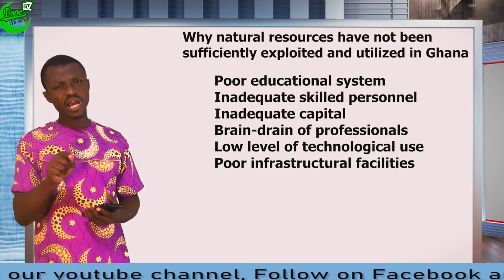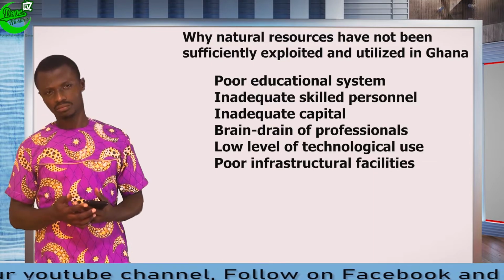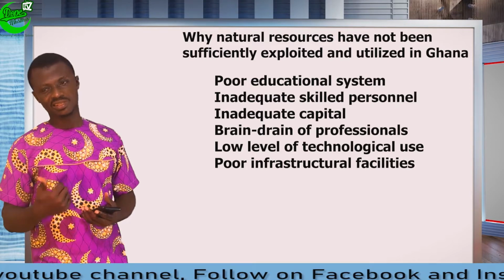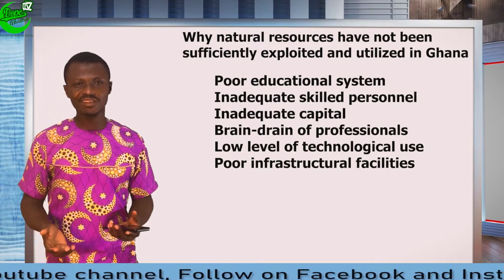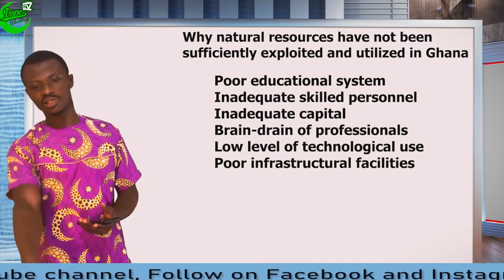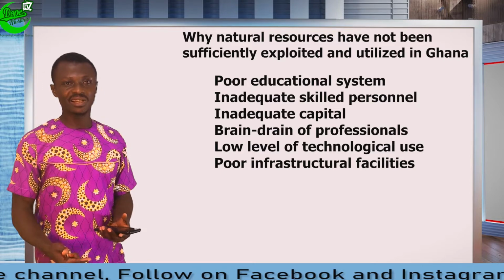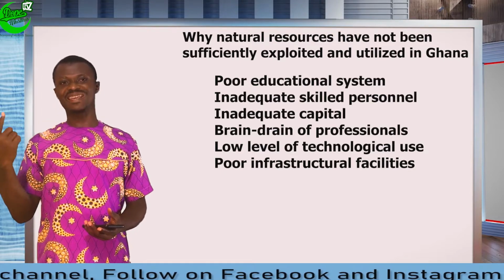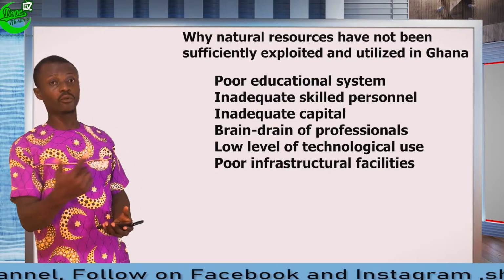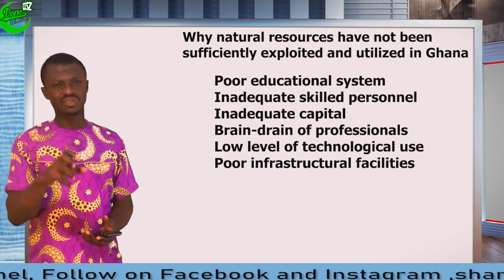But these resources need people with the technical know-how to be able to turn these natural resources into products. If you speak good English, how does it convert timber to furniture? It's not possible. How can good English use sunlight for a solar panel? How can good English use wind for a windmill? It doesn't happen. So we need to refocus the education that we provide.